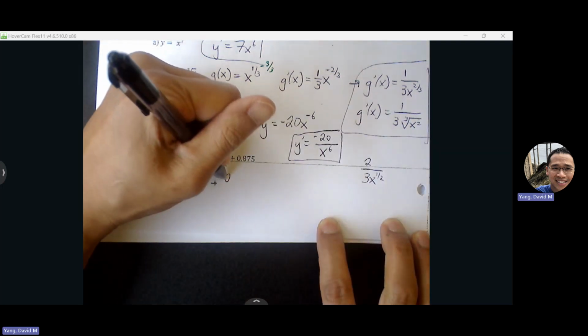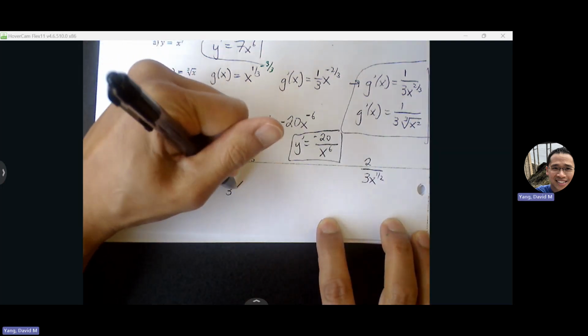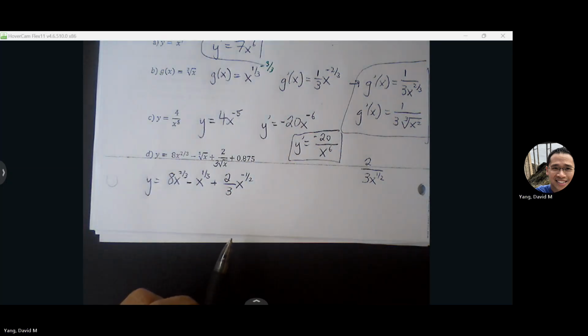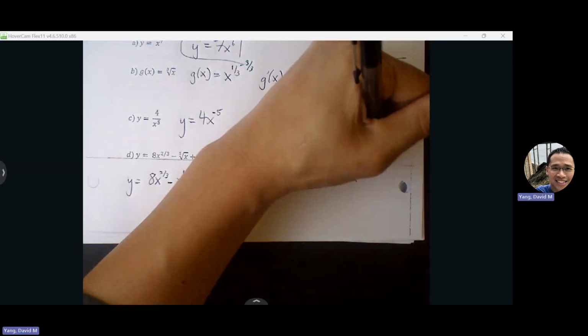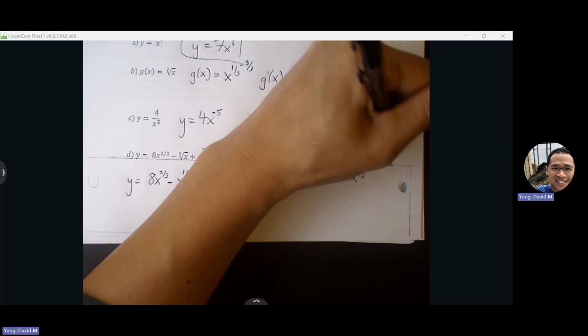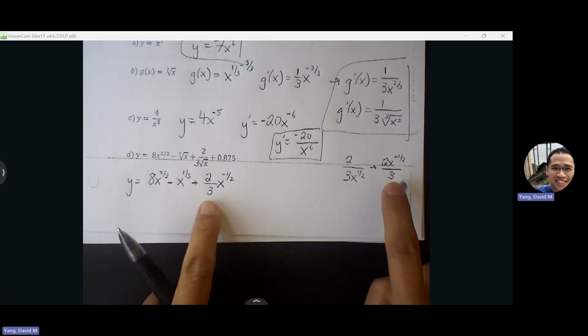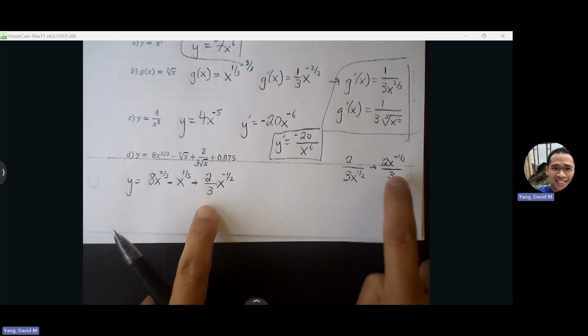So I'm going to say 2/3 x to the negative 1/2. Now, if you thought of this as 2x to the negative 1/2 over 3, that is fine. But I think a lot of students find it a lot cleaner if they don't have to stare at a denominator numeric value.